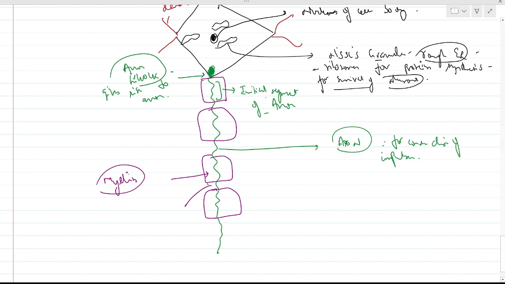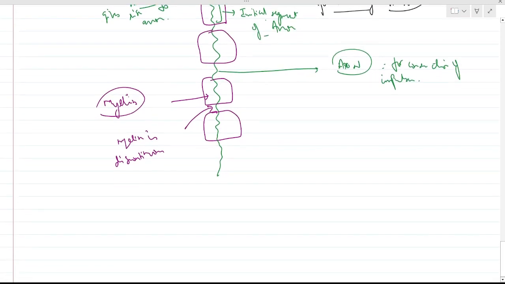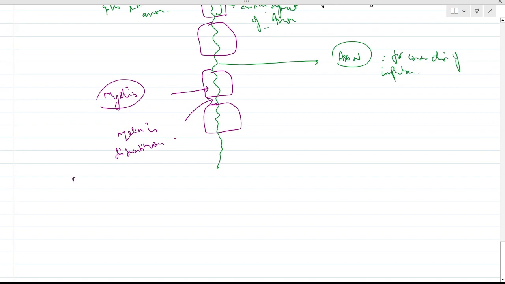Here and here and here, this myelin is discontinuous. Okay, no myelin. These are called nodes of Ranvier.